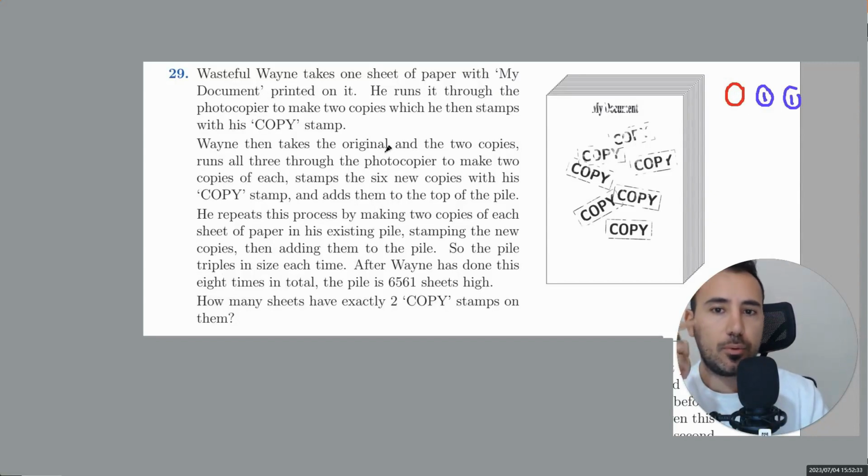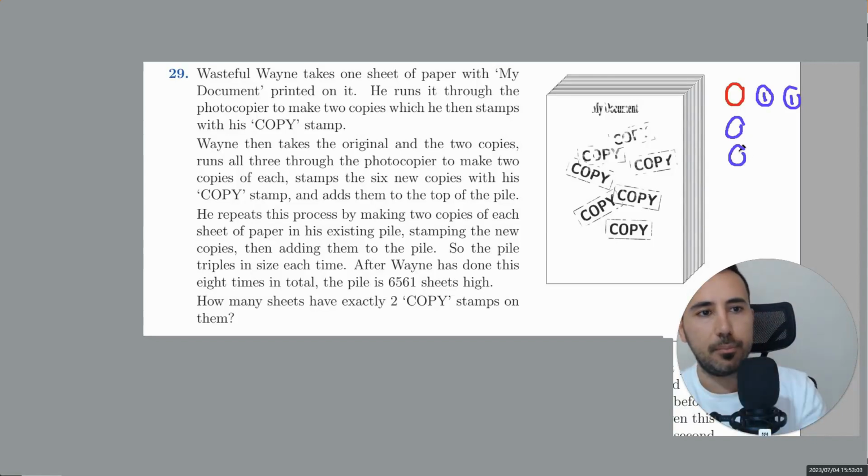Wayne then takes the original and the 2 copies, runs them all 3 through the photocopier to make 2 copies of each, stamps the 6 new copies with his copy stamp, and then adds them to the top of the pile. Okay, let's see. Now, this original one has no copy stamp on it. So when he makes 2 copies, nothing is written on them.